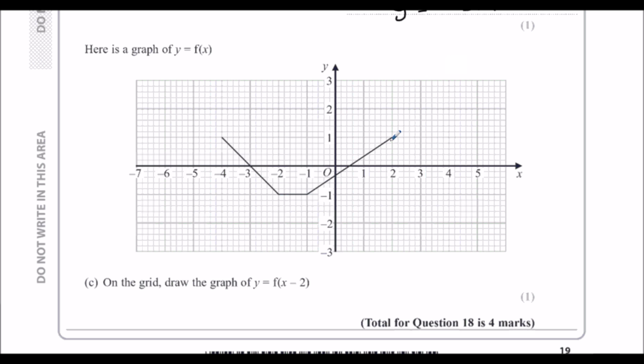So it's going to shift 2 to the right. So this point will move 2 to the right. This point will move 2 to the right. This point 2 to the right. And this point 2 to the right. So everything, the whole graph, is going to shift 2 places to the right. So it will move to there.